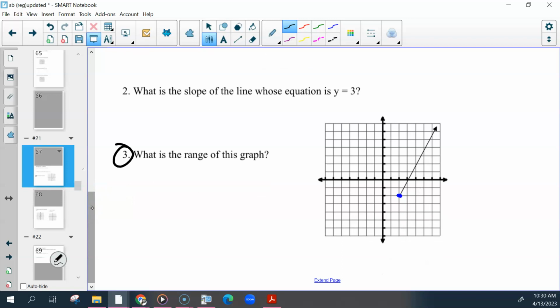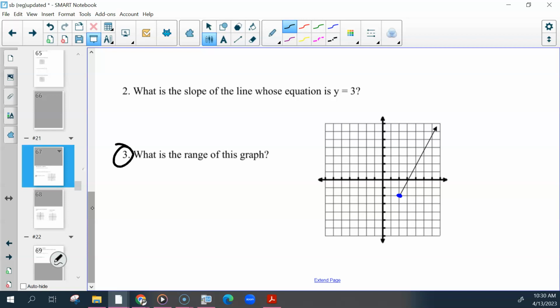I don't know if this point was on your graph or if I drew it in. It should have been there. It was a closed dot, right? It wasn't an arrow, but it wasn't a dot. I think I drew it in, but it didn't print well. So it was supposed to be a closed dot.